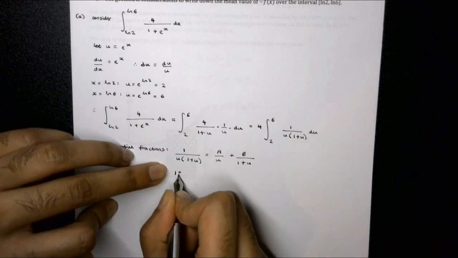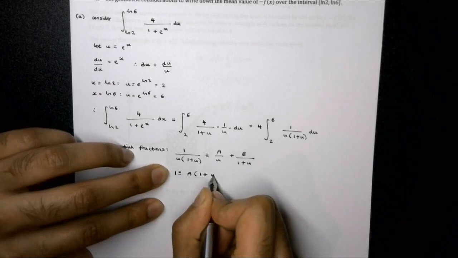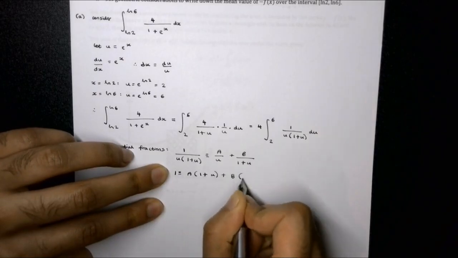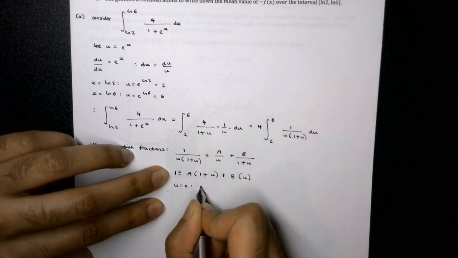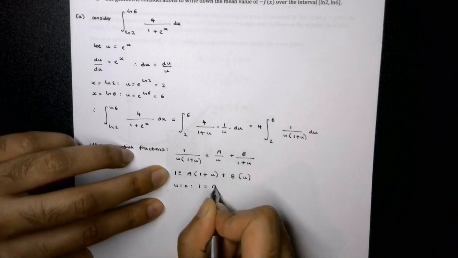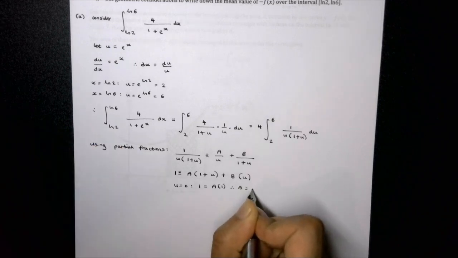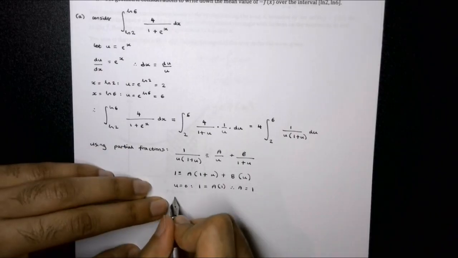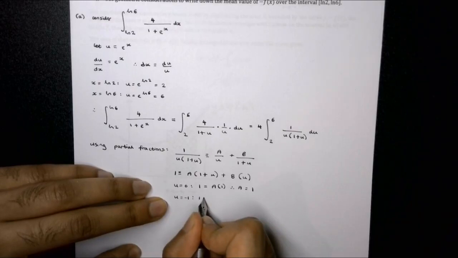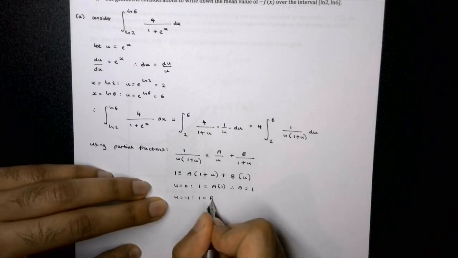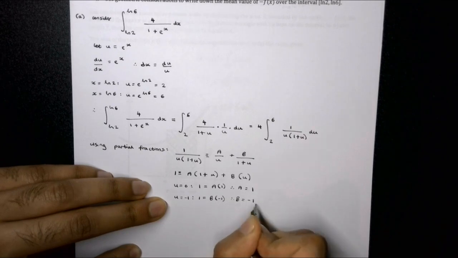So we've got 1 which is equal to a lots of 1 plus u plus b lots of u. You can see when u is equal to 0, we've got 1 equals a lots of 1, so therefore a is equal to 1. And you can see when u is equal to minus 1, we've got 1 equals b lots of minus 1, so therefore b equals minus 1.